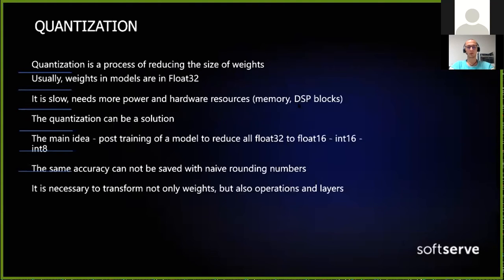By reducing our numbers to int 8, the resulting model will be faster, and the model will not be so heavy, and we will keep the same accuracy as before.